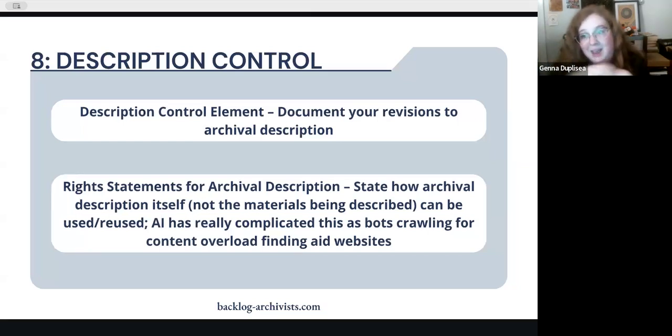So we've had to add a prove-that-you're-human CAPTCHA to actually use the site so that people can find what they're looking for. I don't know if there's a way for archivists to prevent AI bots from essentially stealing their content and using it to train their language learning models. I don't really know what the future of this is going to look like, but this is just an anecdote and something that I've found out the hard way recently. Next slide, please.